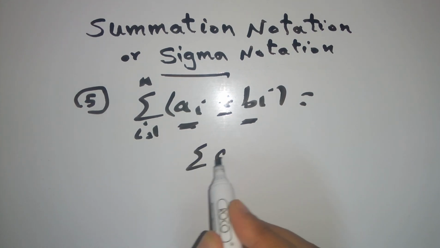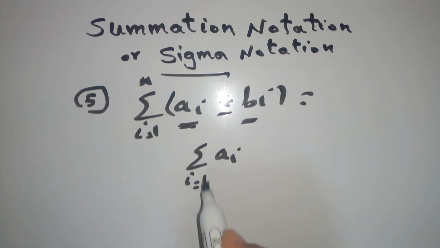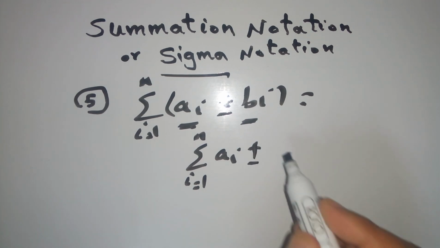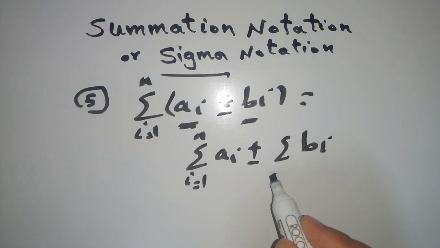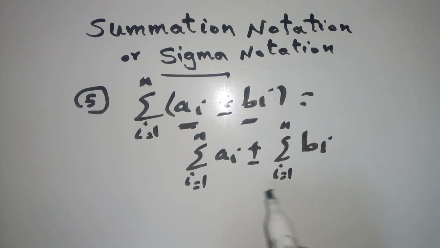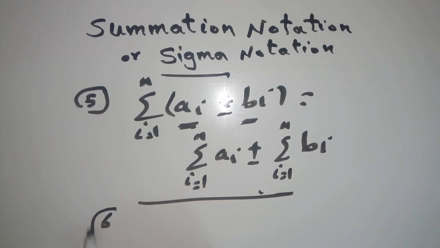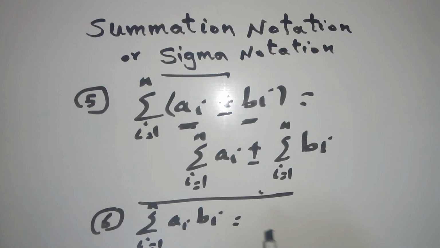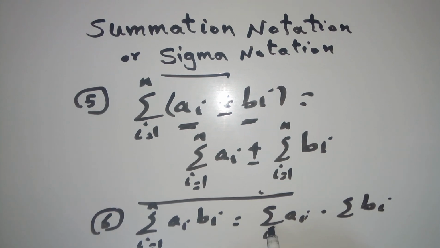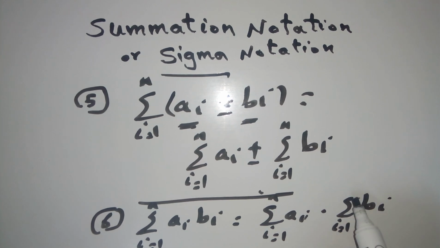Then it will be the summation of a_i from i equals 1 to n plus or minus the summation of b_i from i equals 1 to n. In the same way, we can denote the summation of a_i b_i, the product of them, from i equals 1 to n, as the summation of a_i multiplied by the summation of b_i, the two summations.